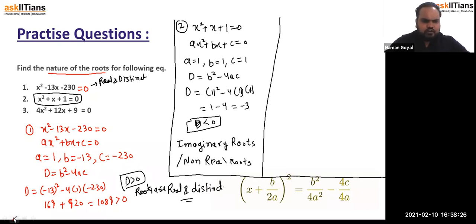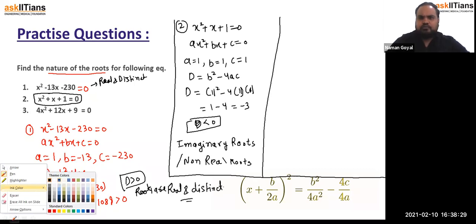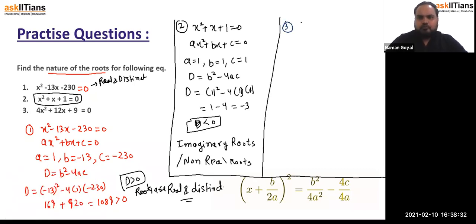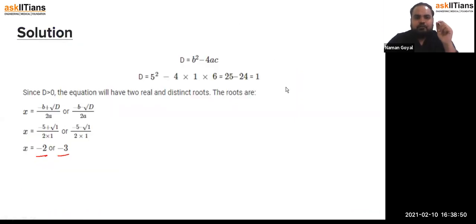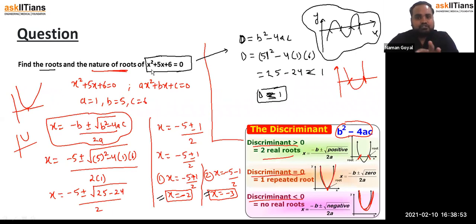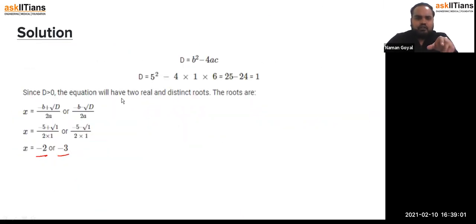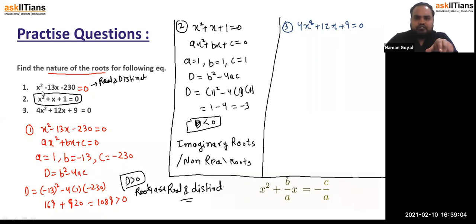Now if we move to the third question, see, 4x square plus 12x plus 9 is equal to 0. Now a question arises. A question can come in your mind, that sir, in every question we did, what was the coefficient of x square? It was 1. If you see, we do this question, the coefficient of x square is 1. In this question the coefficient of x square is 1, and in this question the coefficient of x square is 1.